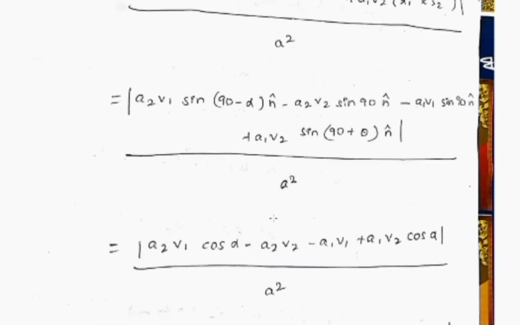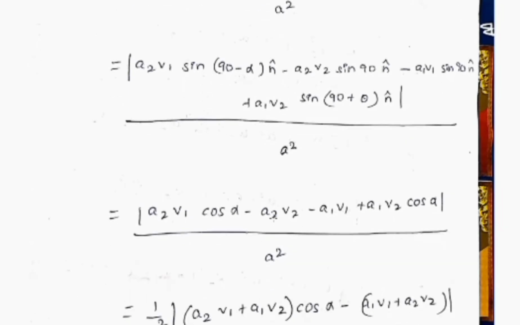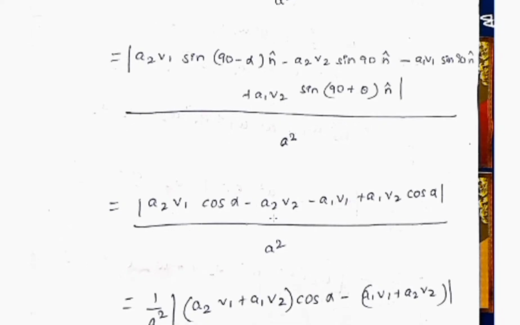Sine of 90 minus alpha is cos alpha. In the second quadrant sine of 90 plus alpha is also positive, so cos alpha. You have to split the terms: take cos alpha common with a2 v1 plus a1 v2, and take minus common with a1 v1 plus a2 v2.